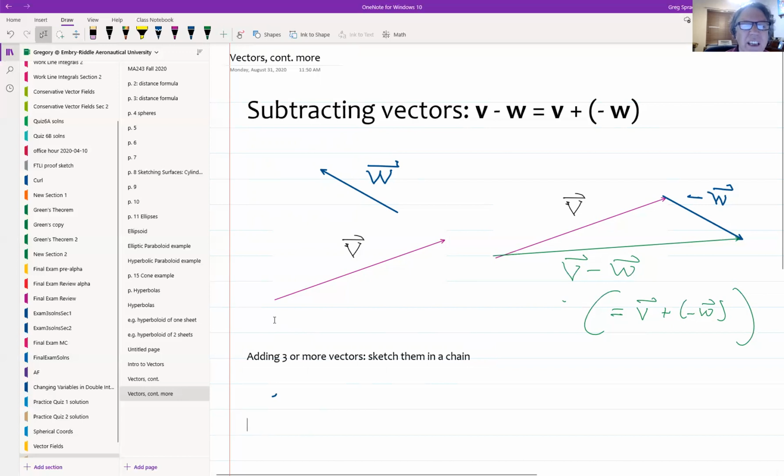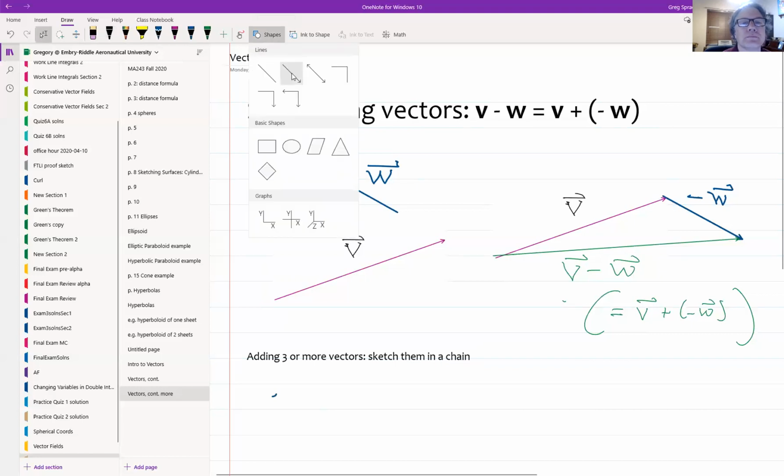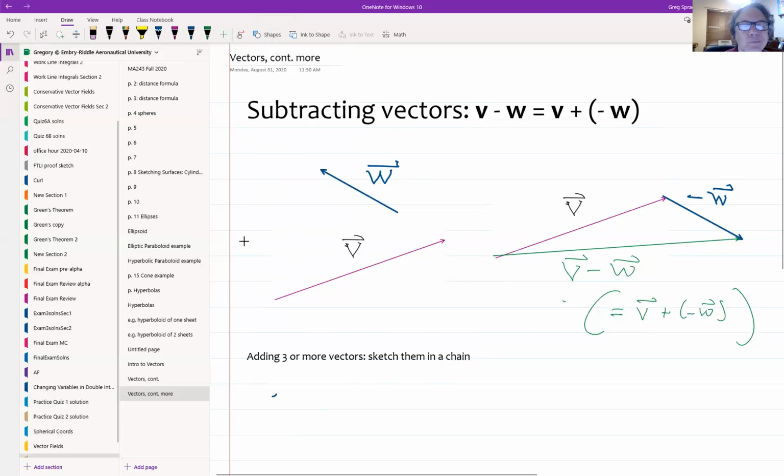See, x, y, and z aren't the greatest names for vectors. Let's go back to A. So that's the vector A.